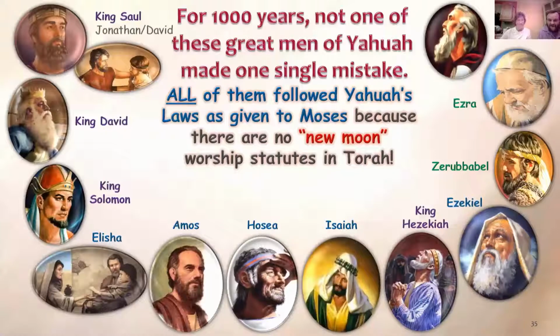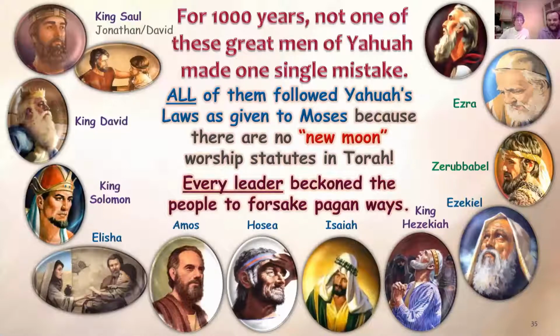All of them followed Yahuwah's laws as given to Moses because there are no new moon worship statutes in the Torah. Every leader beckoned the people to forsake pagan ways. Yes, and I'm glad they did. Right? Yes, and this for 1,000 years is going to become very, very clear in the future when we're talking about the word year. And in our next study, this is also going to come clear. It's really big. Okay.